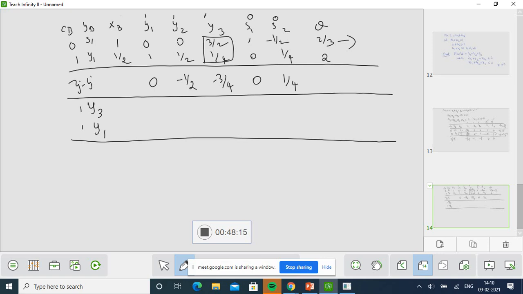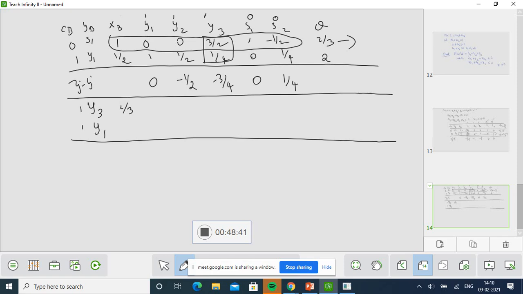Now calculate what happens to my xb. I have this to be my key row. So I should divide throughout by 3 by 2.